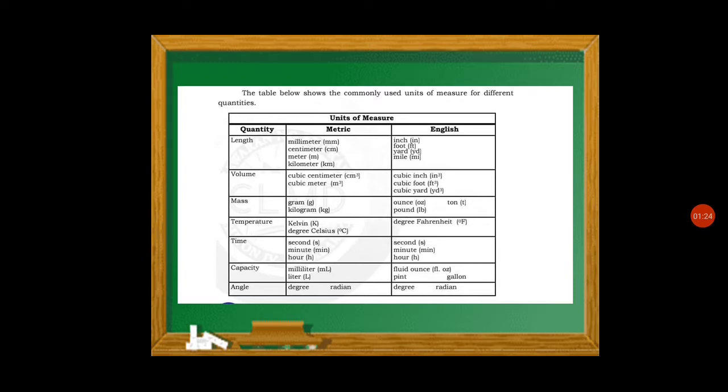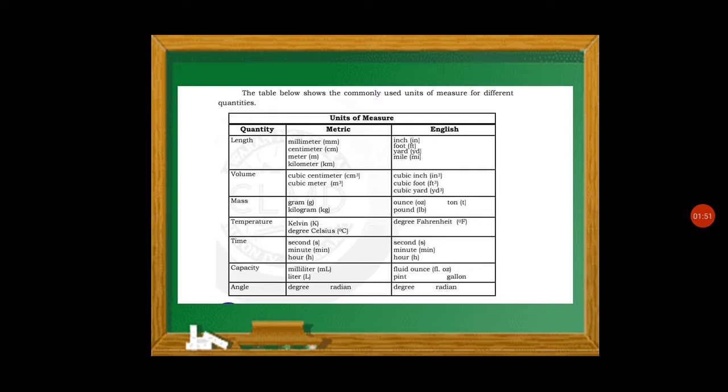In English, we have the inch, foot, yard, and mile. For volume, we have the metric system, cubic centimeter and cubic meter. For English, we have cubic inch, cubic foot, and cubic yard. For the mass, we can use gram and kilogram for the metric, and ounce and pound for English. We can also use ton.